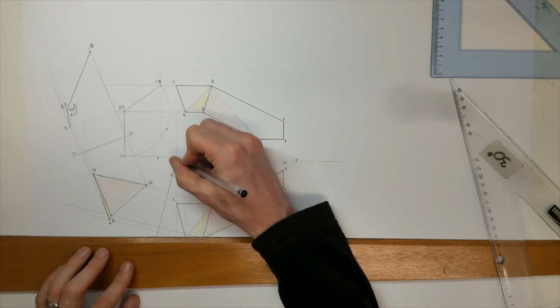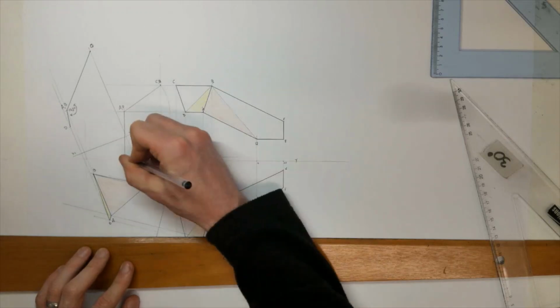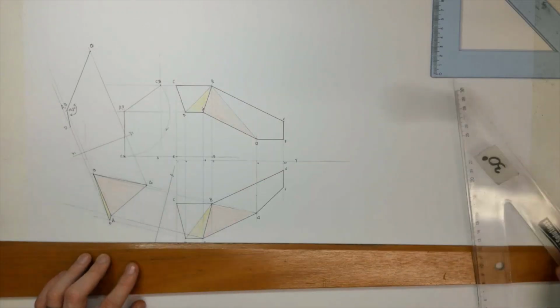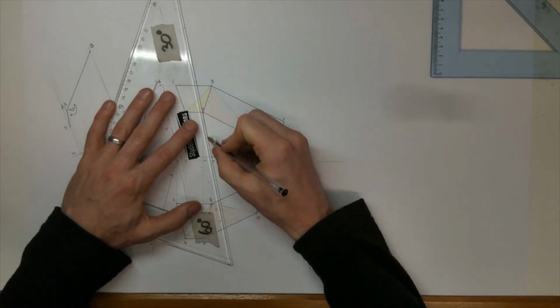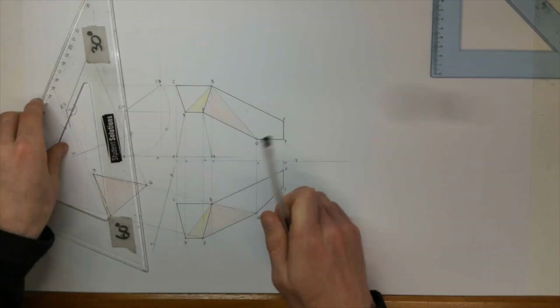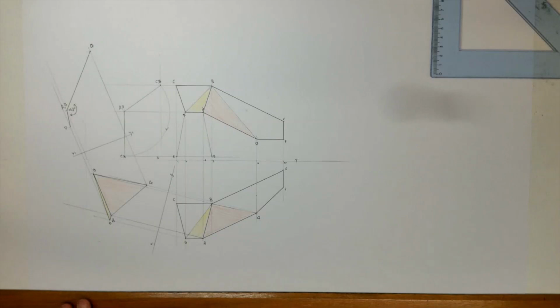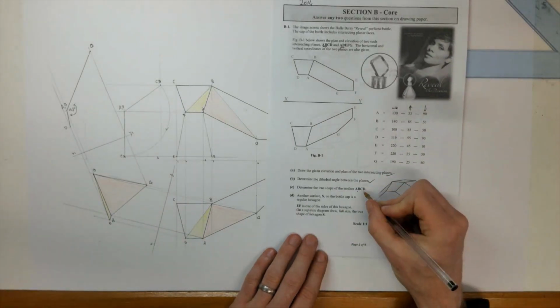So that's my C, that's my B. Okay, so that's it having been rotated down there. If you wanted that colour, you could. So we have determined the true shape of surface S completed.